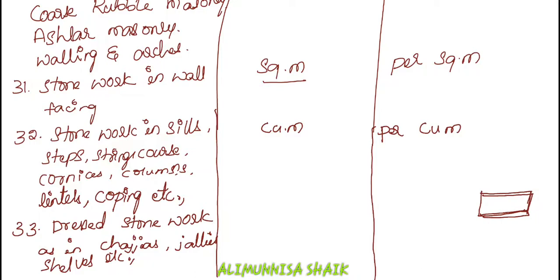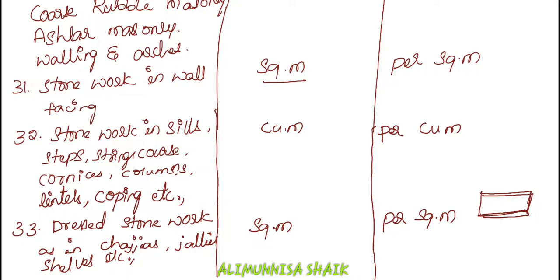When we are using this dressed stone in chhajas, this is basically calculated in square meters and your unit rate is calculated per square meter. Unit of measurement is in square meter and unit rate is fixed per square meter.